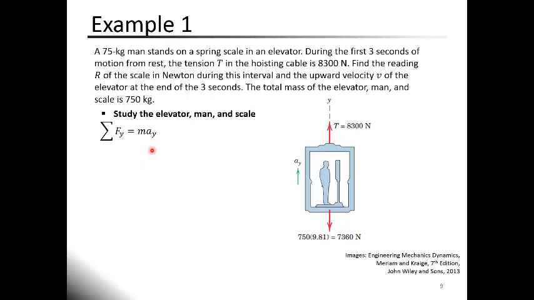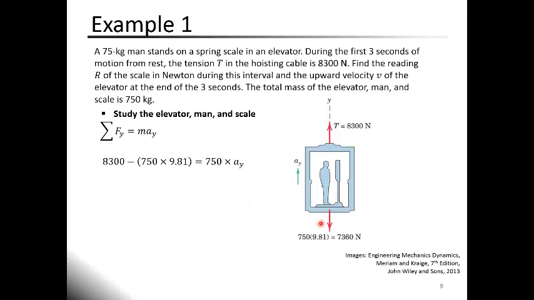So we need here to find the resultant force in the y direction, considering that the positive y direction is going upwards. So we have a force here, T. The force T is going upwards, so it's 8,300 newtons. This is our first force. We have another force here, the weight, which is 7,360 newtons, or it's 750 kilogram mass multiplied by 9.81.